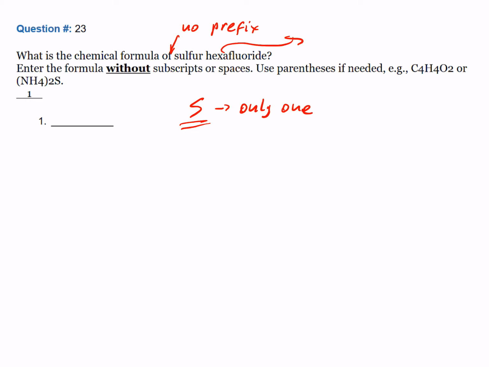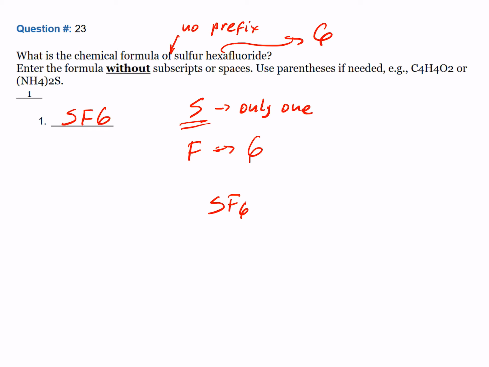Then you have hexa, which means 6. So if it's fluoride, it's fluorine that we have there, and we have 6 fluorines. So the formula is just SF6. That's a subscript there, but when you're answering this question, it is SF and just your normal 6 there.